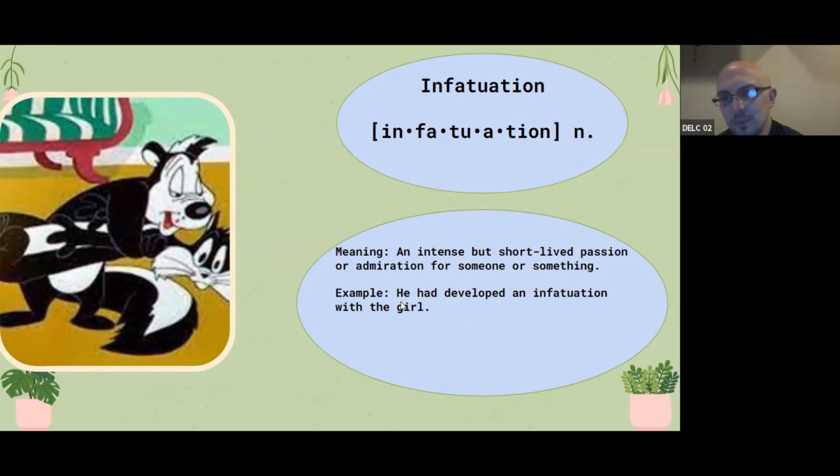For this example, he had developed an infatuation with the girl. So infatuation can be a noun. It's a thing that we feel. Infatuation can be like lust or obsessed or a feeling like love, but actually it's not love. It's very intense, but only for a short time.